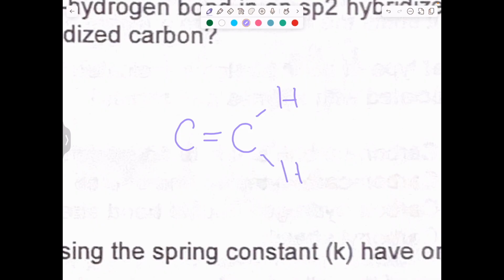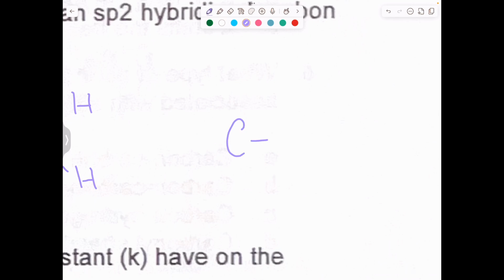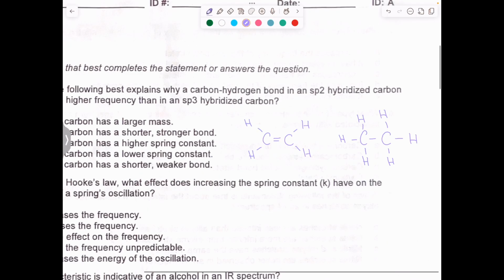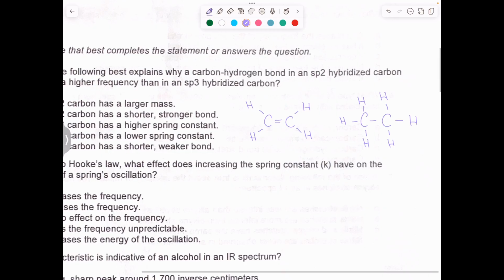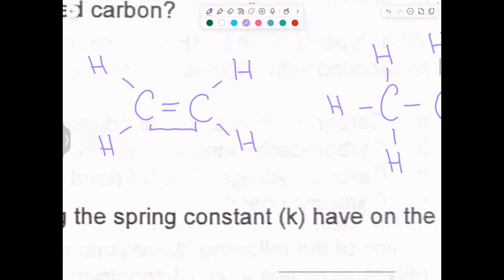So this is our sp2 carbon right here, and then here we'll have sp3. So this bond between the sp2 carbons is a double bond, so that makes it shorter and stronger.